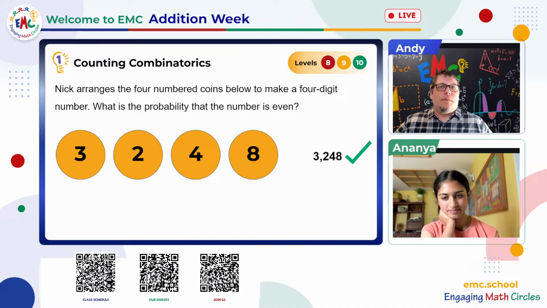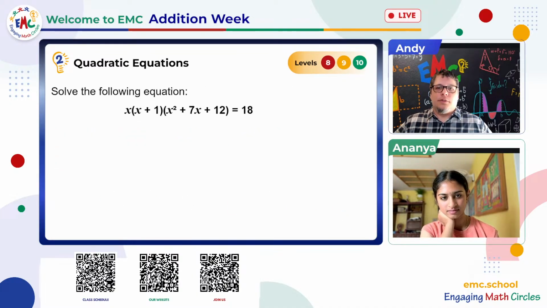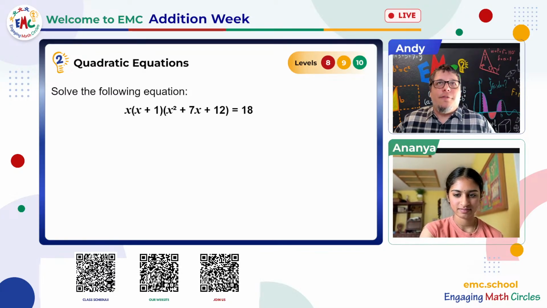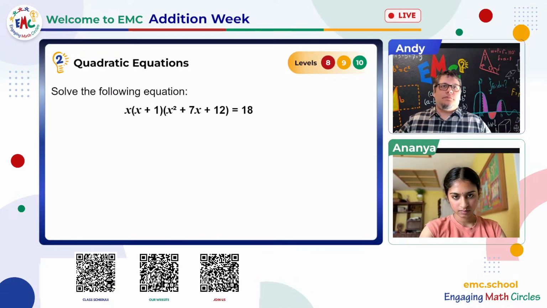Okay, awesome. You said you loved quadratics, so I brought you a quadratic equation. We want to solve for x, and there's a trick for this one. Well, what would you start with?